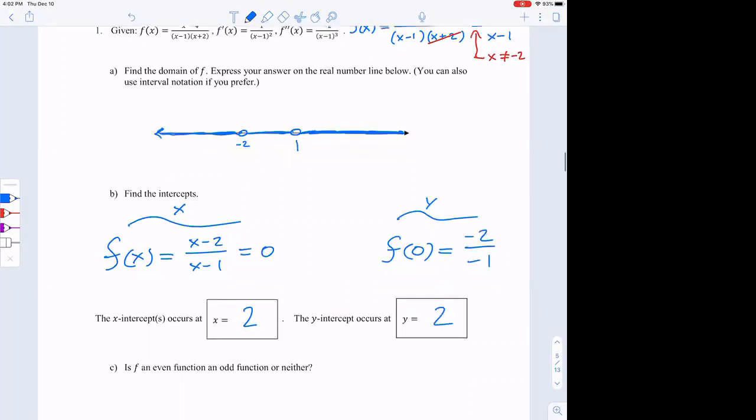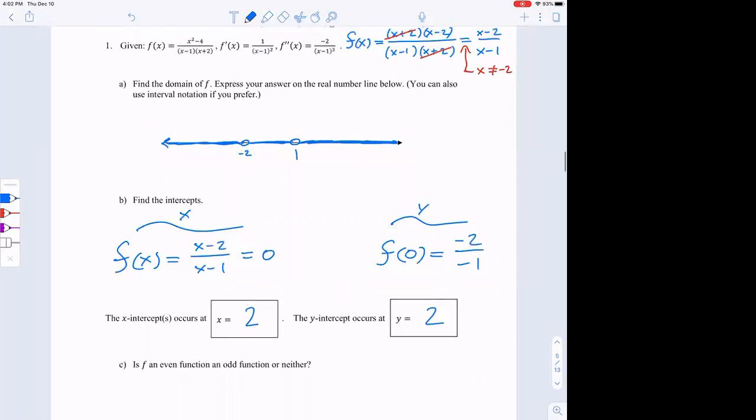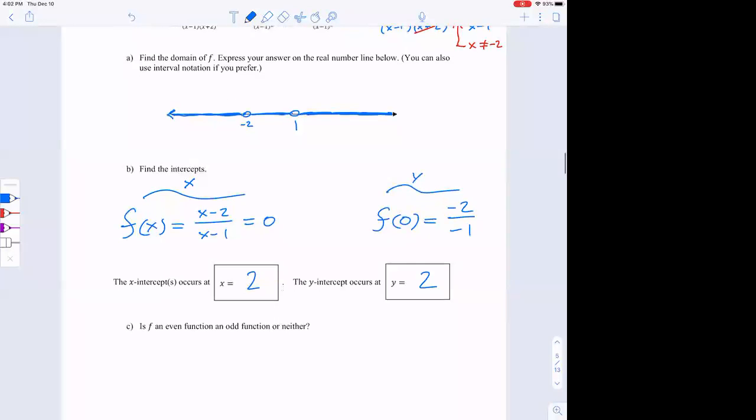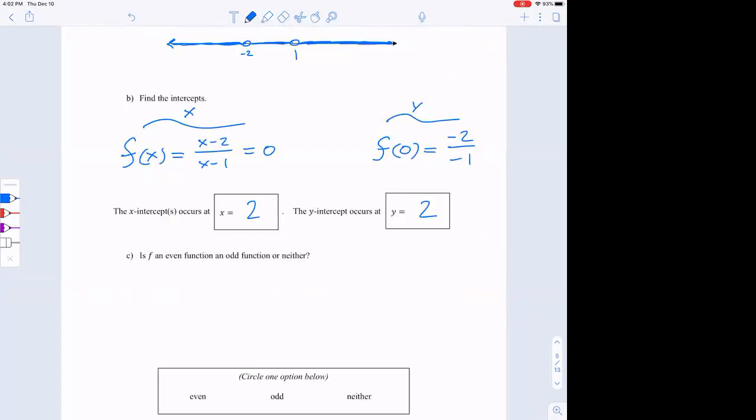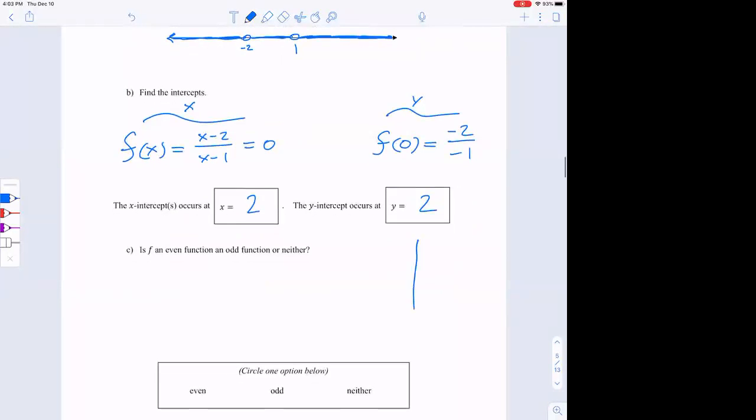Okay, so something else we discussed in our class this semester was even versus odd functions. Now remember, with even and odd functions, there's symmetry. If you reflect over the y-axis in the even or the odd case, what you should get is either the same value or the opposite sign, right?